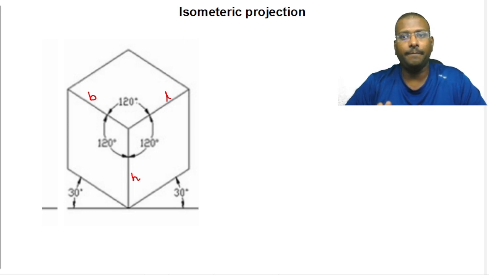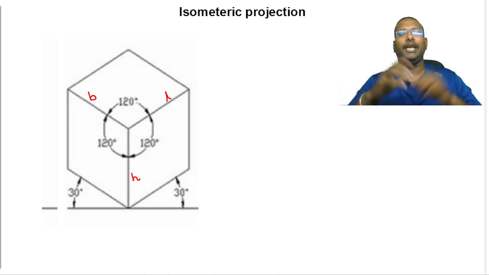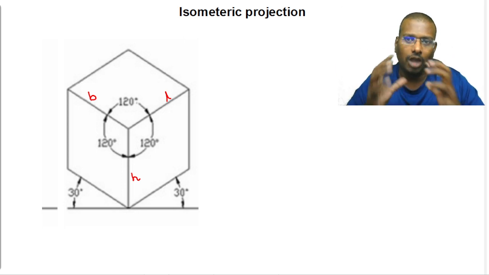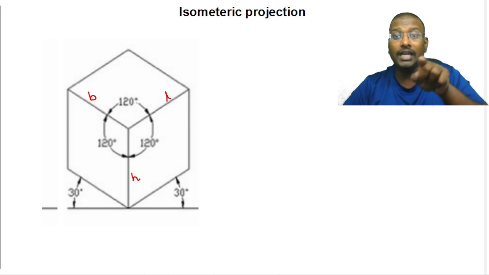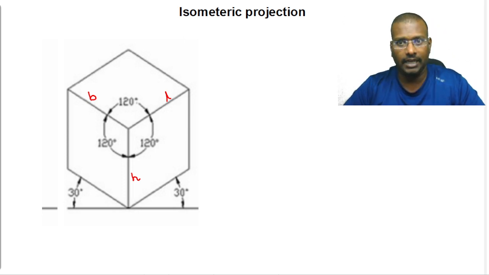By assuming it is placed in a cuboid, we change the object such that front, top, side, all the faces are equally inclined to the observer, and that inclination is 45 degrees. Then only we can get isometric projection.